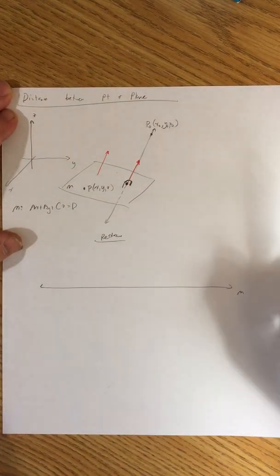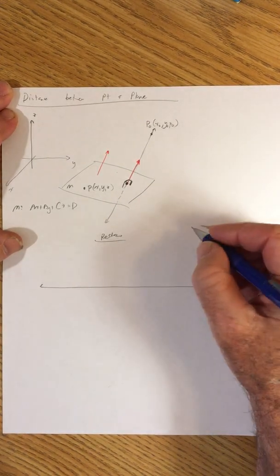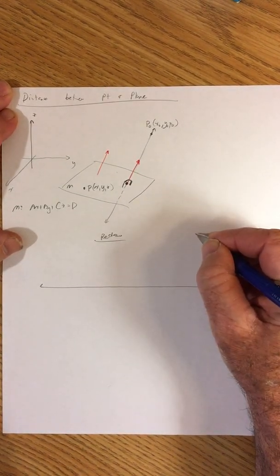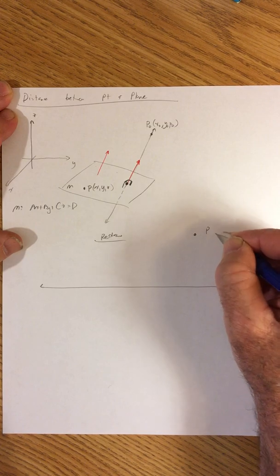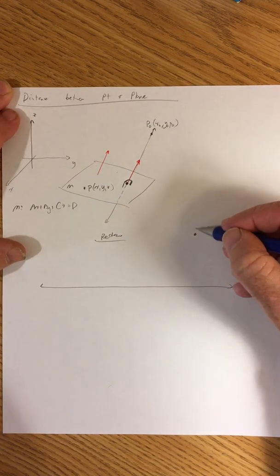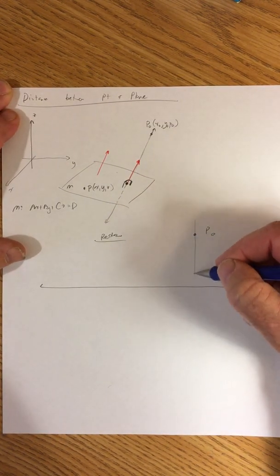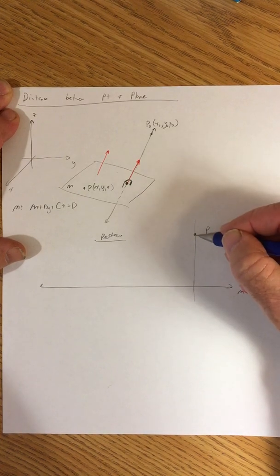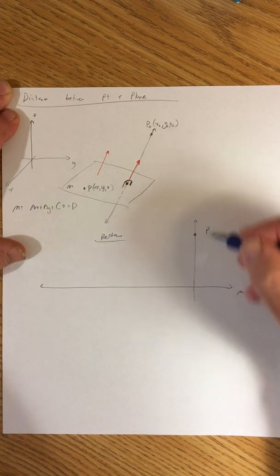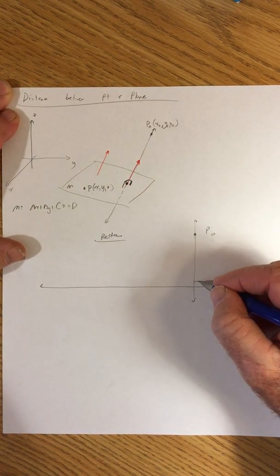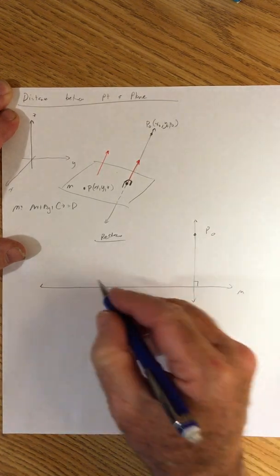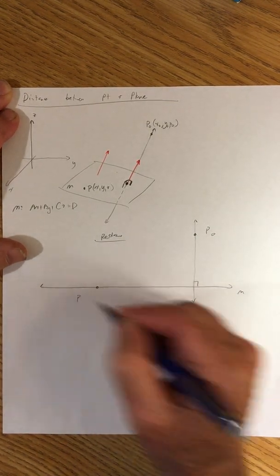You just see a line. The point P0 is not on the plane. Here's the line that P0 is on, and it's perpendicular to the plane. And I could put the variable point P anywhere.